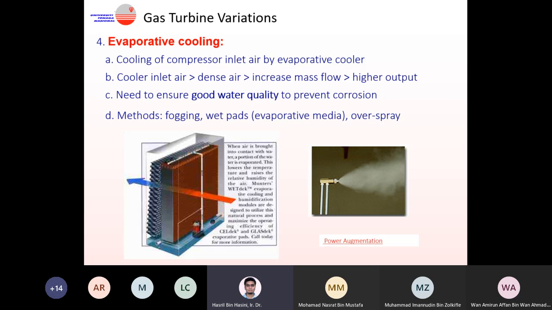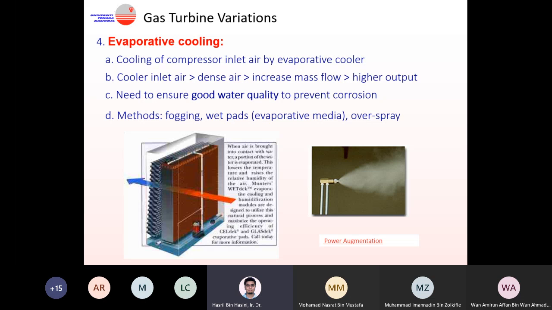However, you have to make sure that the water that you spray at the intake is good quality water. It has to be free from any impurities or mineral matter that could accelerate the corrosion to maybe our compressor blades, or any other components or parts inside our gas turbine.